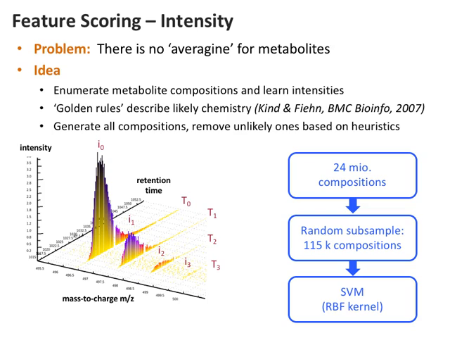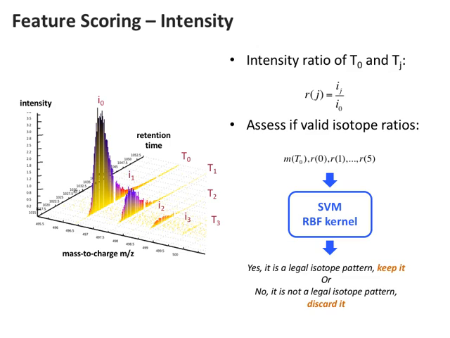In the same way, we can detect metabolites without really having an explicit model of what these isotope profiles look like. And this support vector machine adds to the score. If it's within certain bounds, it says keep that pattern, otherwise it discards the hypothesis and we score the next one. And that works reasonably well.